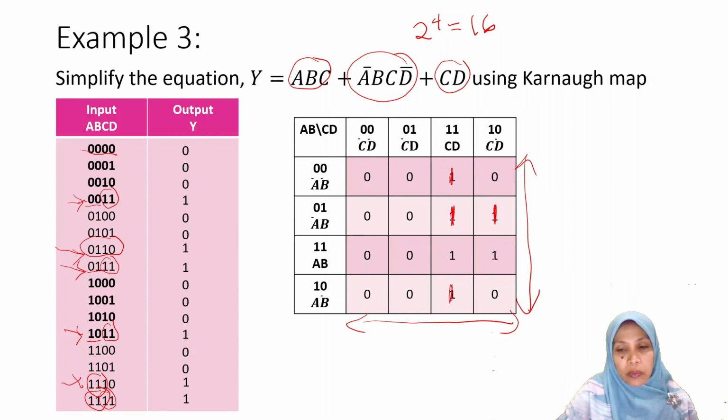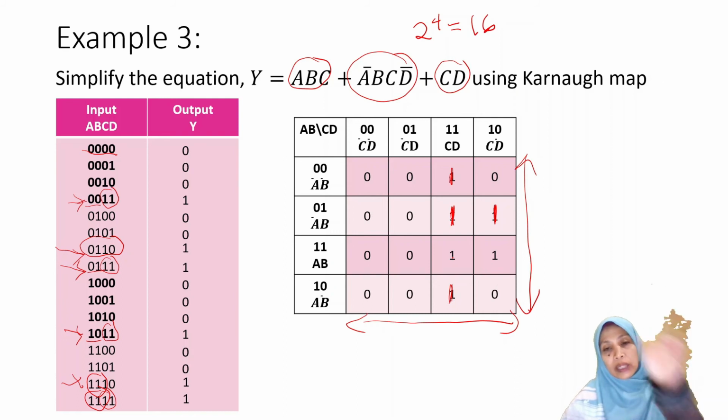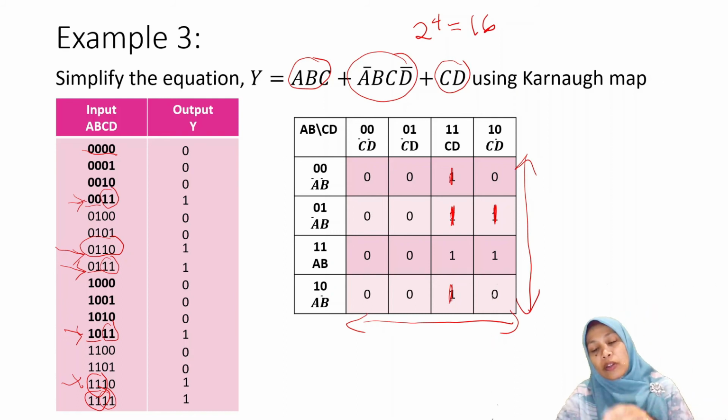Okay, so we write down 1 here, and finally is 1111. 1111 is here, so we write 1 into the cell. Okay, after mapping the output 1 into the K map, don't forget to write 0 in the empty cells, like this one.